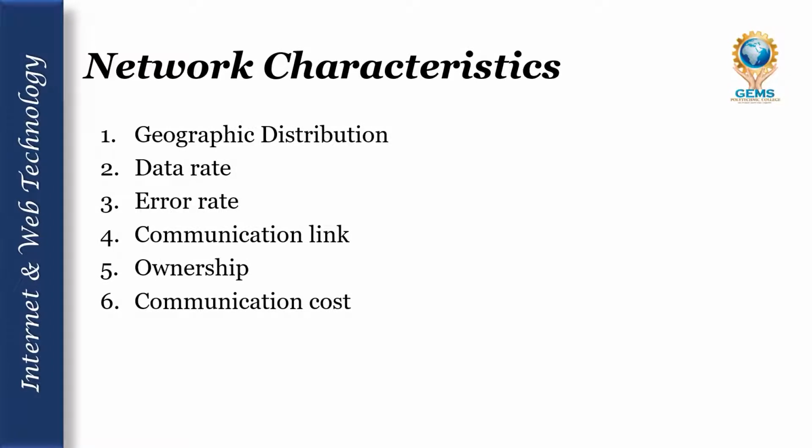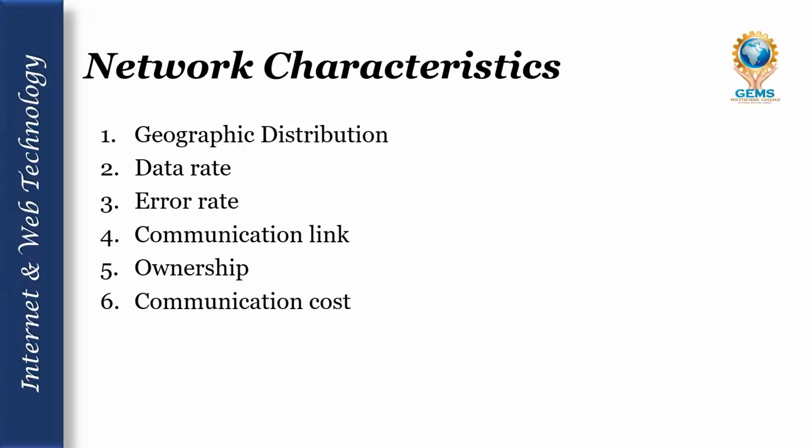Now we will see the network characteristics. Networks are broadly classified into two types, local area networks and wide area networks. It's a very important point. The first characteristic is geographic distribution. The main difference between the two types of network is the way in which they are geographically distributed.